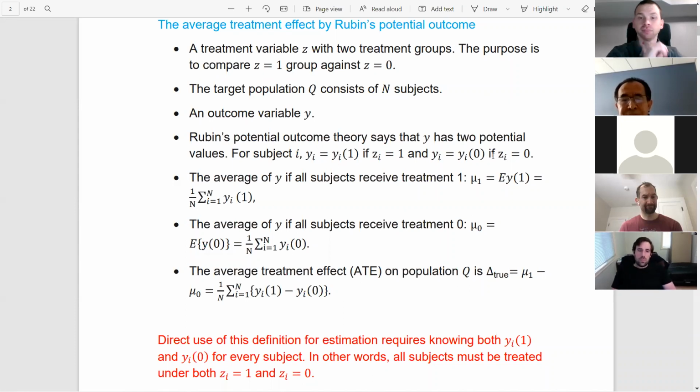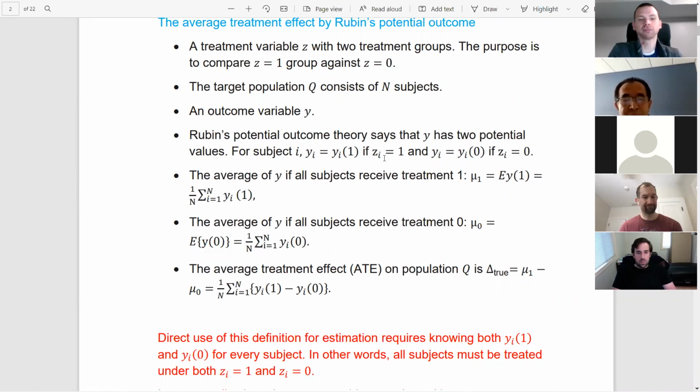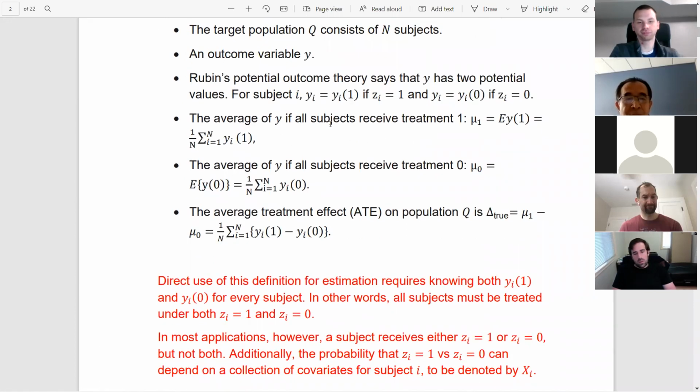And if the subject receives treatment 0, then we have a value Yi0. These are two values under different treatment conditions.